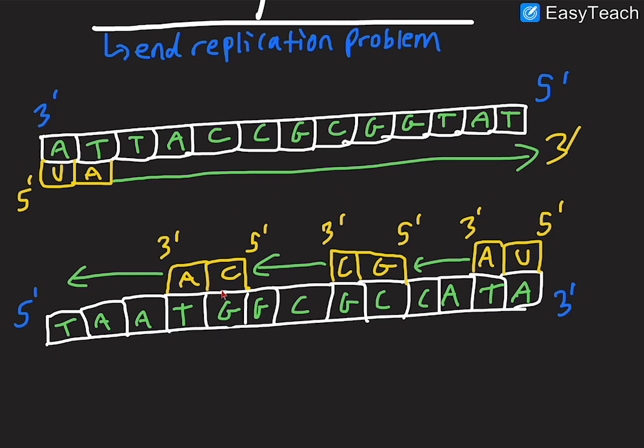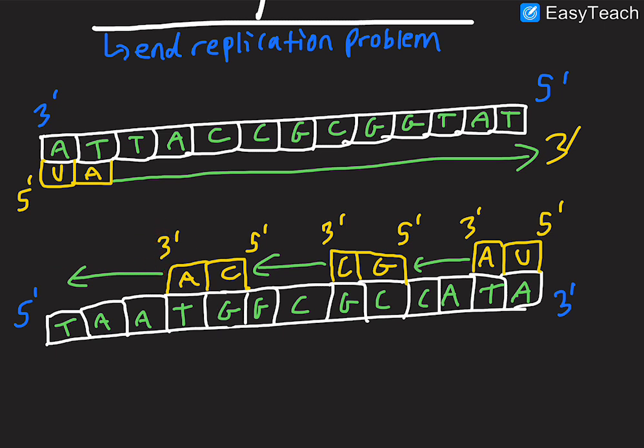So let's say we put a primer here, 5' to 3', anti-parallel, because this is 5' to 3'. So we synthesize the RNA primer from 5' to 3' this way. And then DNA polymerase 3 comes in, represented with the green arrow, and synthesizes the DNA from the 3' end of the primer and on.